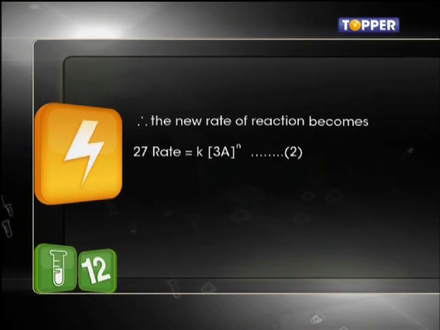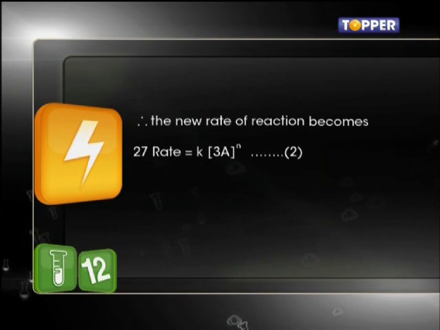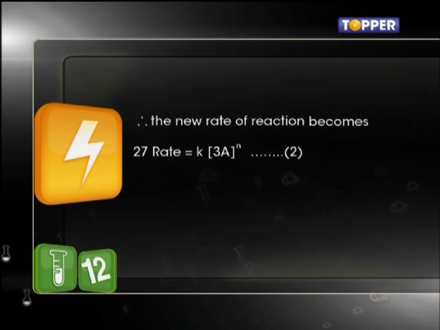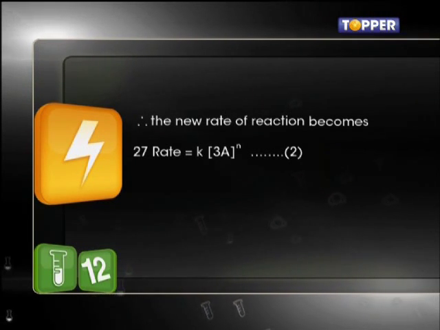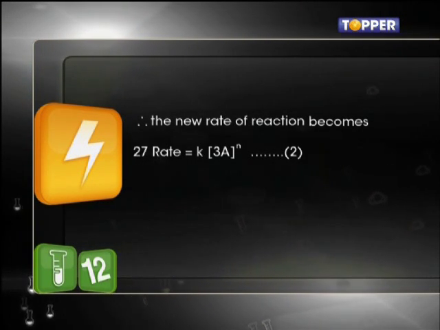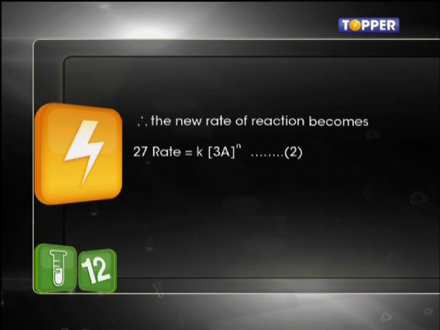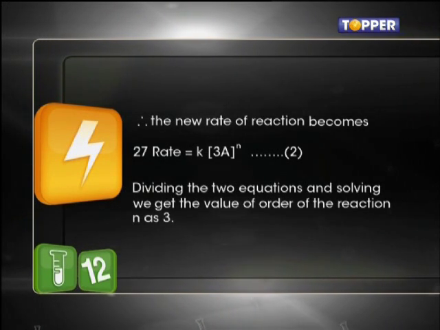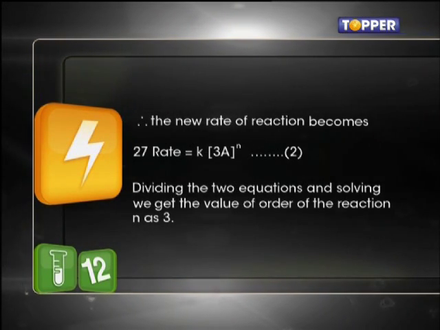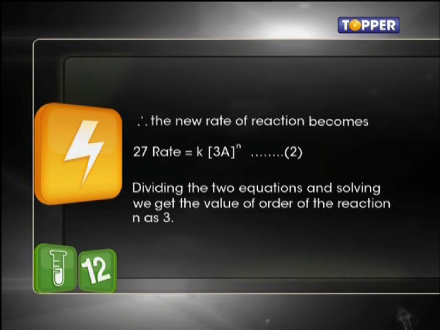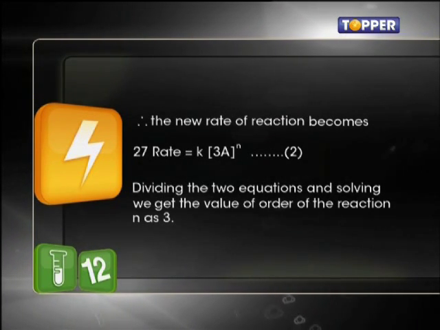Therefore, 27 times rate is equal to rate constant multiplied by 3 into concentration of reactant raised to the power N. Dividing the two equations and solving, we get the value of order of the reaction N as 3.